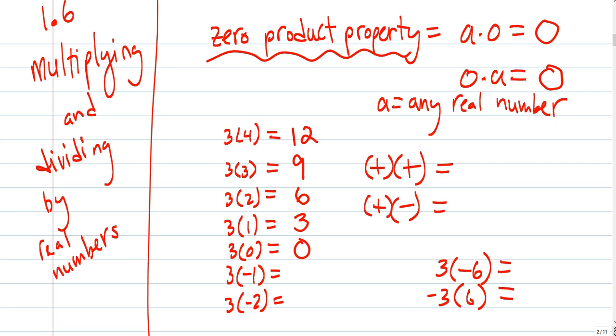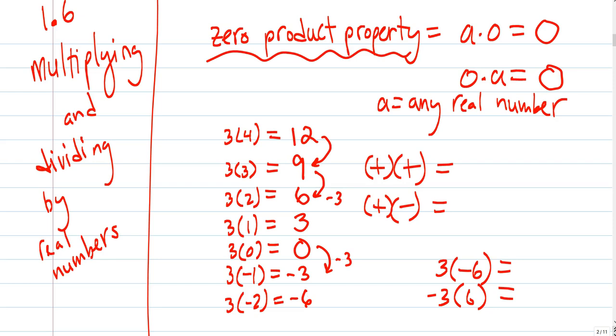What's cool with this is we notice as we're going down in this pattern, we keep subtracting 3. Every time I go from 3 times 4 to 3 times 3 to 3 times 2, I'm taking away a group of 3. So by the argument, 3 times negative 1 should be 3 less than 0, or negative 3. And then 3 times negative 2 would be 3 less than that, or negative 6.